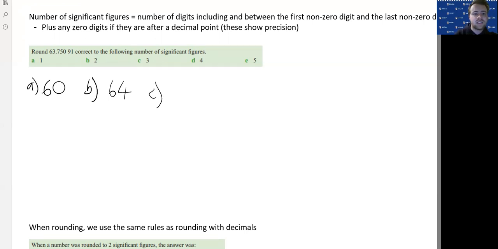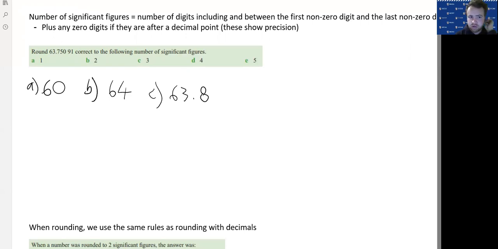Okay. For C, rounding to 3 significant figures, I look at the third significant figure, which is the 7. And then I look at the next one, the fourth one, which is a 5, which means I'm rounding up. So this becomes 63.8. Okay, and there are 3 significant figures there. It doesn't matter where the decimal point is, it's just how many non-zero digits you have.